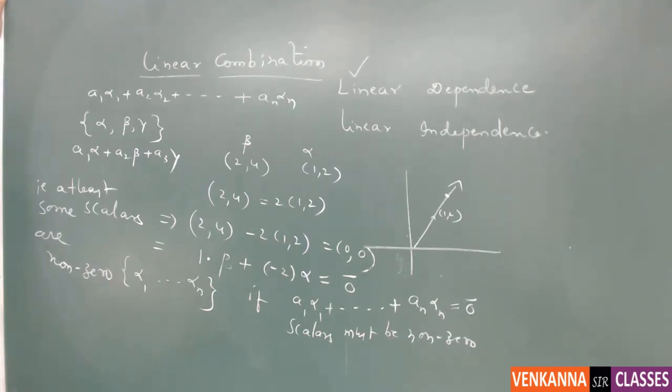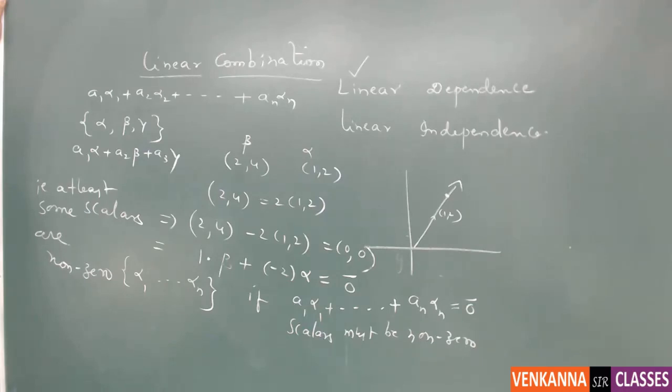Whenever you take a set of vectors, say alpha 1, alpha 2, so on alpha n, we say that the set is linearly dependent. Whenever you take a linear combination using the set of vectors, the result of the combination is 0, then in that combination whatever the scalars you consider, there must be some non-zero scalars.